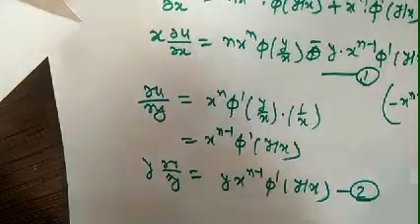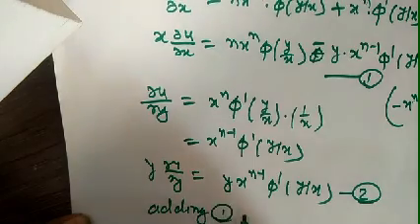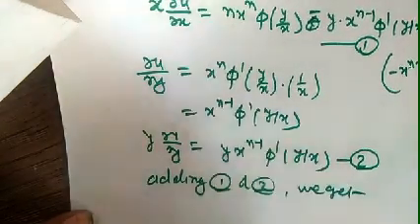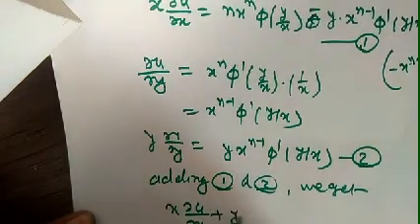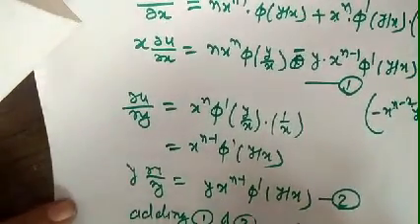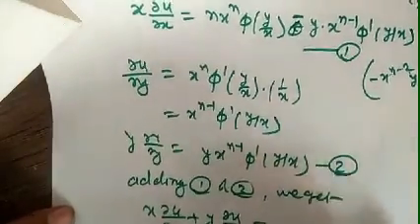If I add these two equations, adding 1 and 2, we get x into del u by del x plus y into del u by del y. This is your LHS.